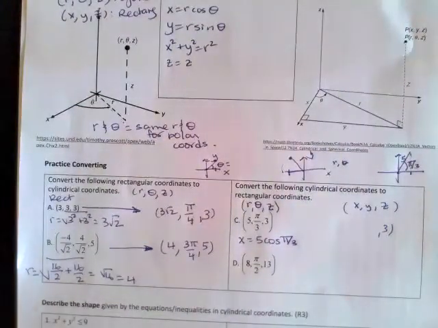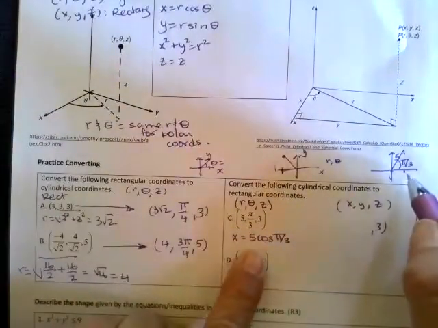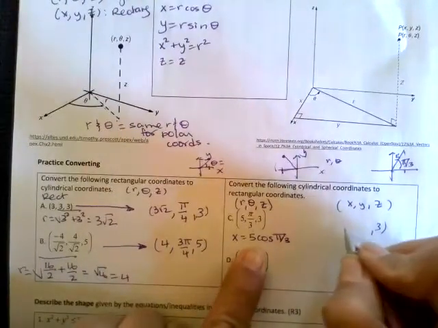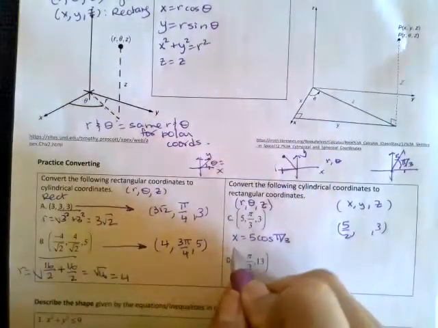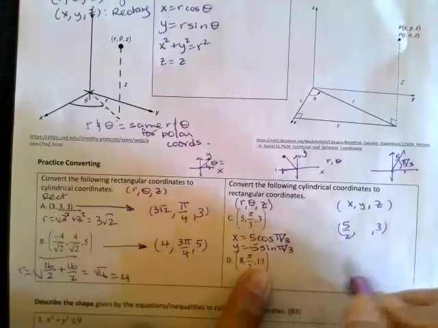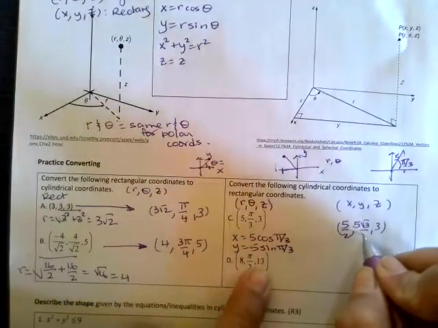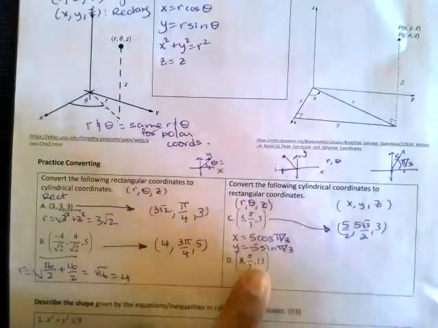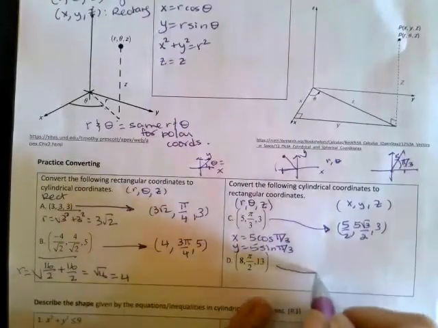I'm just doing the pictures to help instill what we're talking about when we do that. So 5 cos pi thirds, and cosine of pi thirds is 1/2, so that'll be 5/2 for my x. And then the y is going to be 5 sine pi thirds. The sine of pi thirds is root 3 over 2, so that'll be 5 root 3 over 2. Okay, same point.